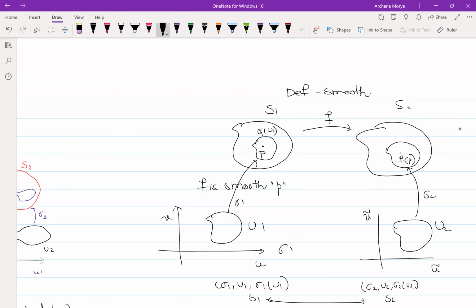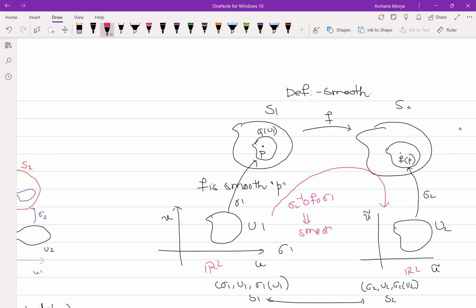Now we will take a composition of these maps, right? So what does this composition give me? Sigma 2 inverse composed with F composed with sigma 1. That is correct. So now I have a map from R2 to R2, right? When I have a map from R2 to R2, I know what smoothness is, right?